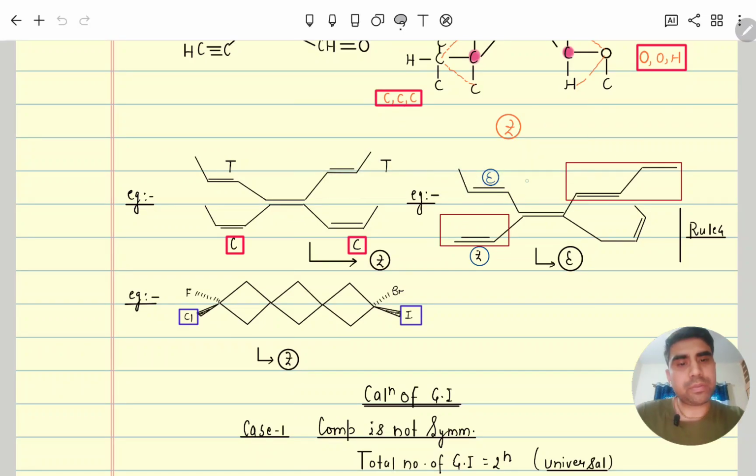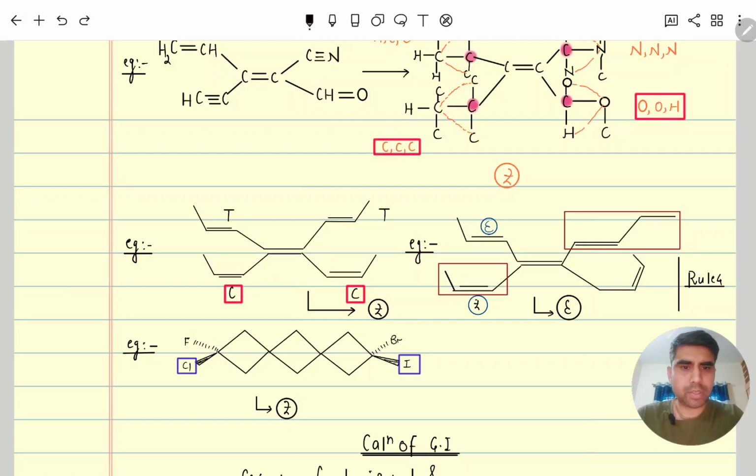So on the basis of this we can see that here this methyl was missing, so here methyl. So now here it is E and this one is Z.